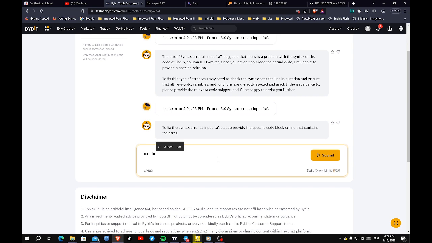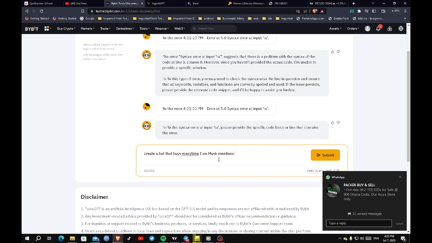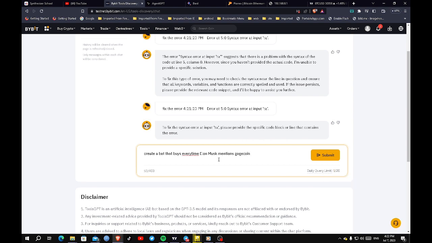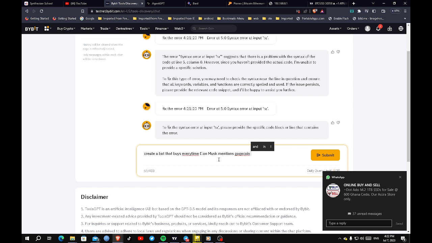Create a bot that buys every time Elon Musk mentions Dogecoin on Twitter.